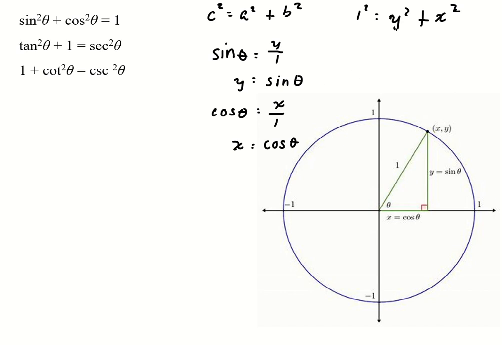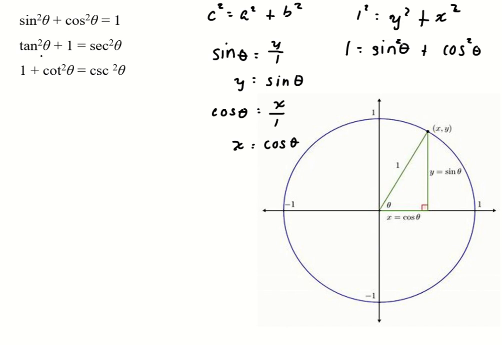So y squared is sine theta squared. So 1 squared is 1, y squared is sine theta squared, plus x is cosine theta, so x squared is cosine theta squared. So that's how we derive the Pythagorean identity in trigonometric identities. Sine squared theta plus cosine squared theta equals 1.